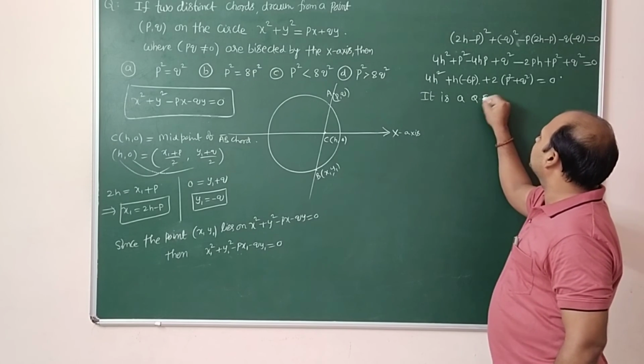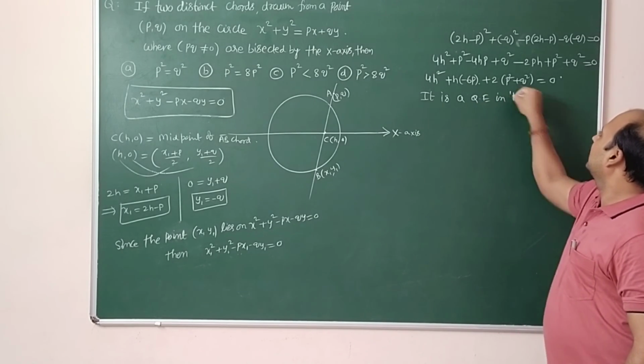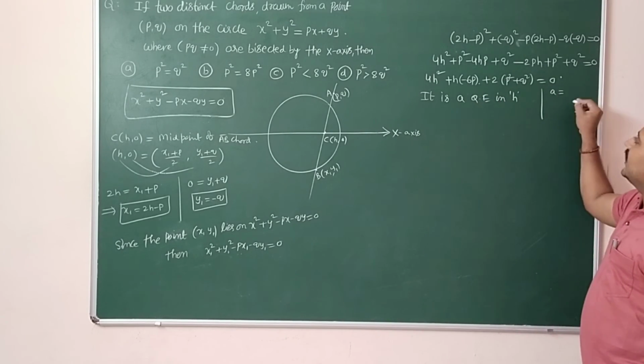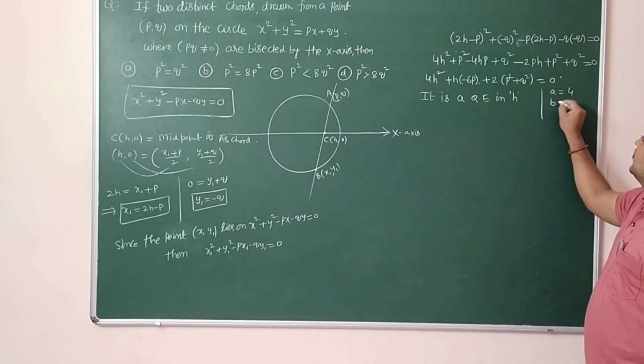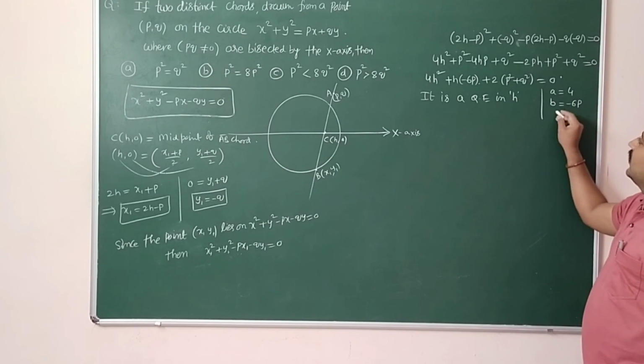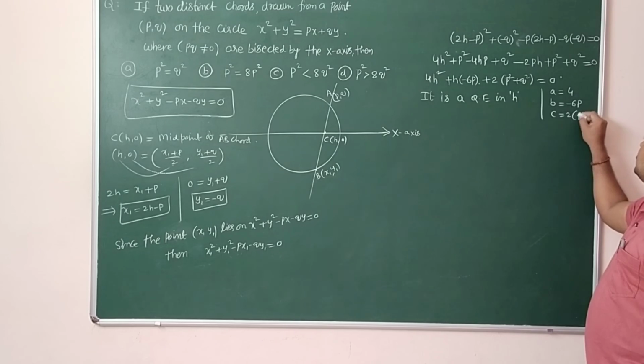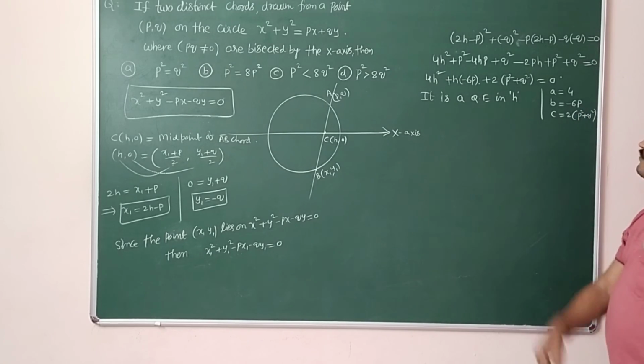It is a quadratic equation in h, and the values of a, b, c are: a = 4, b = −6p, and c = 2(p² + q²).